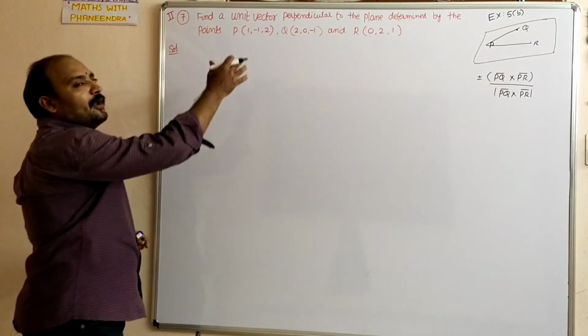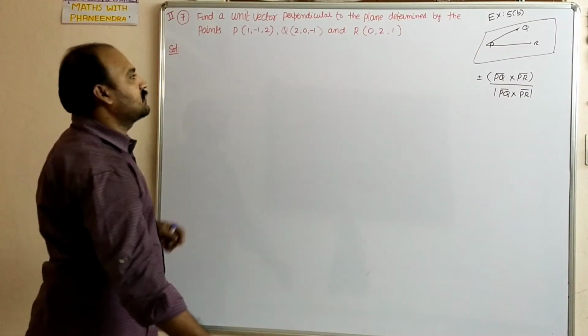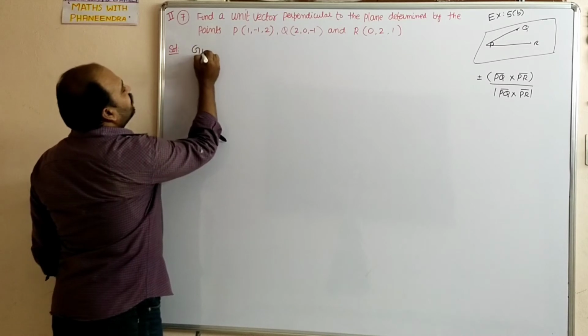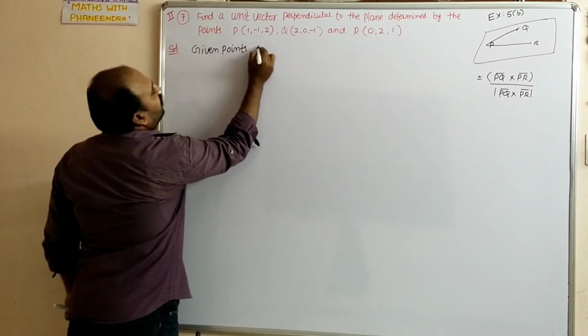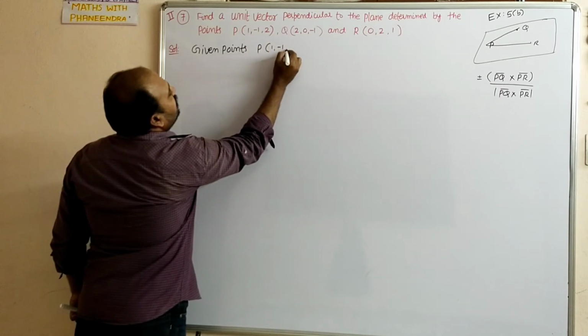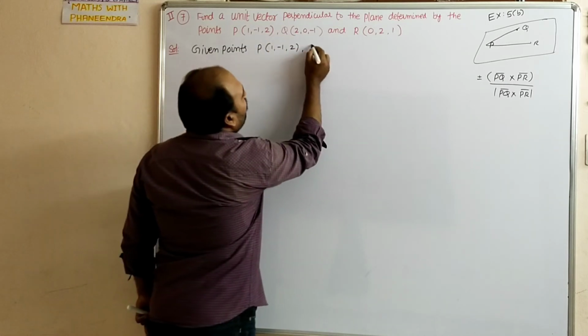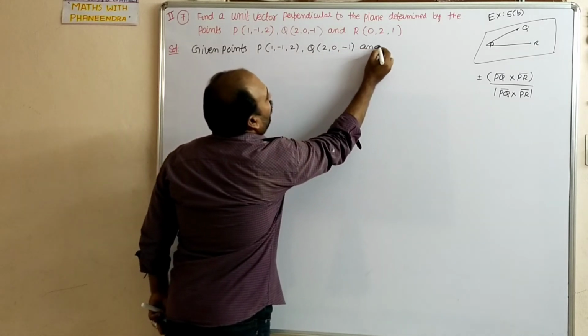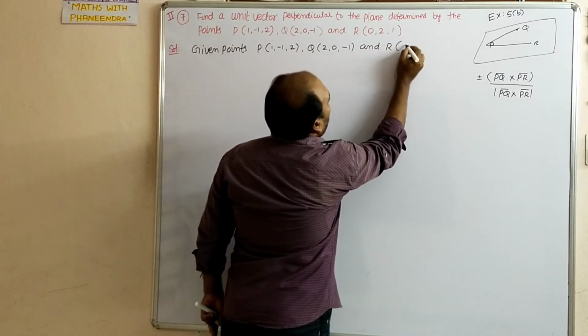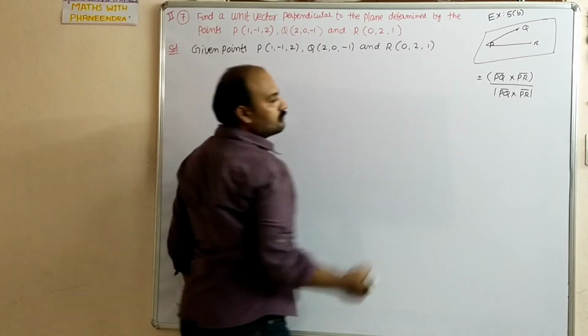The given points we can write as vectors. First step, given points: P of 1 comma minus 1 comma 2, Q of 2, 0, minus 1 and R of 0, 2, 1.